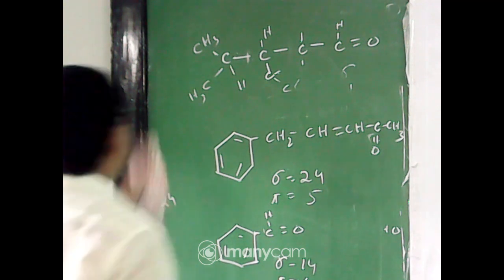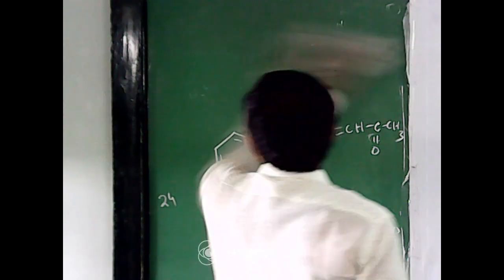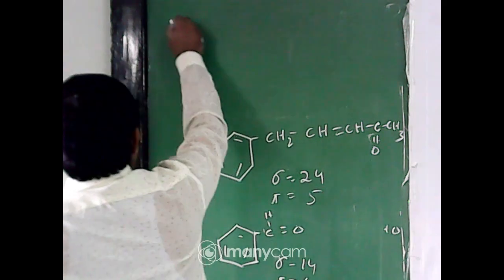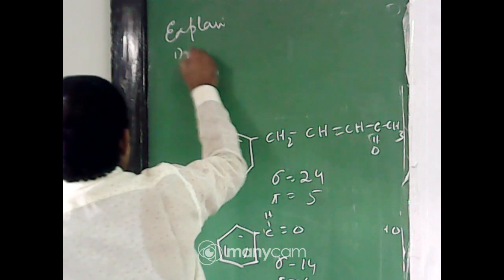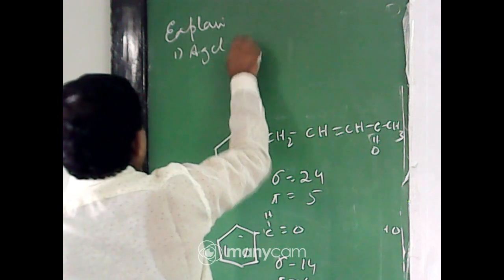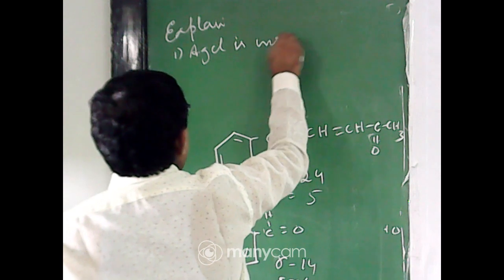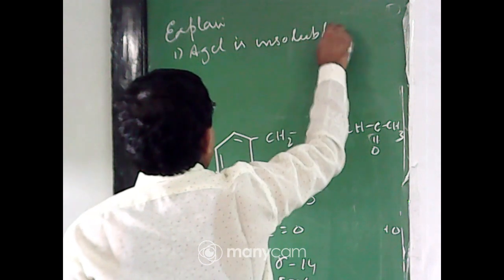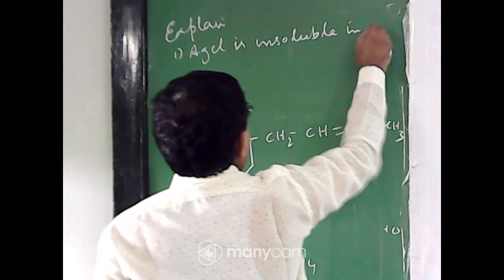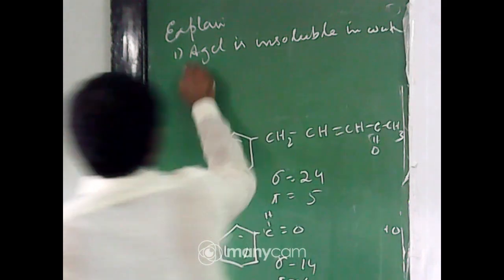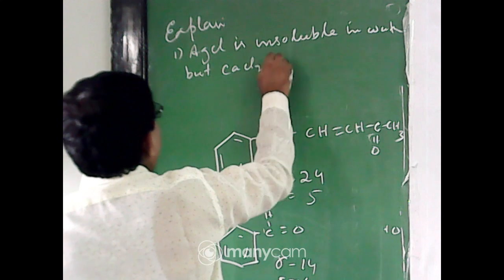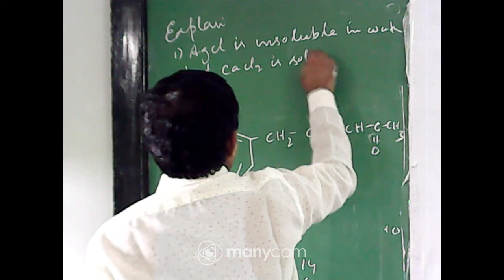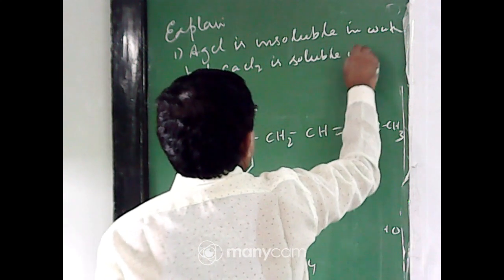Now write some questions. Explain the following, write the question, explain. Number 1, AgCl is insoluble in water, but CaCl2 is soluble in water.